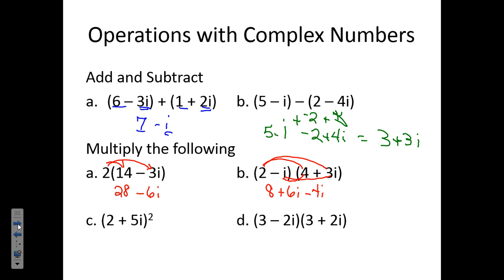Negative 3i squared, and i squared is negative 1, so negative 3i squared is the same thing as positive 3. Combining your imaginary parts and your reals, 8 and 3, and then 6i and negative 4i.